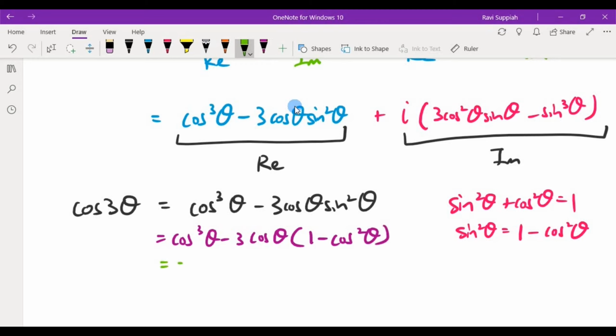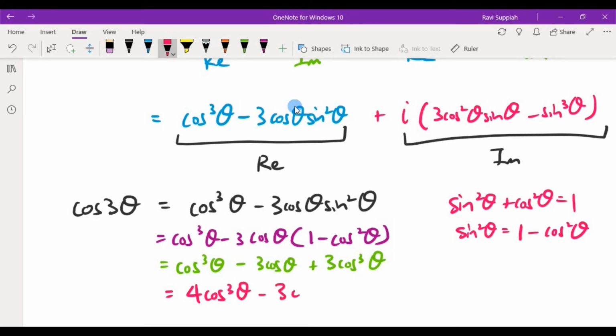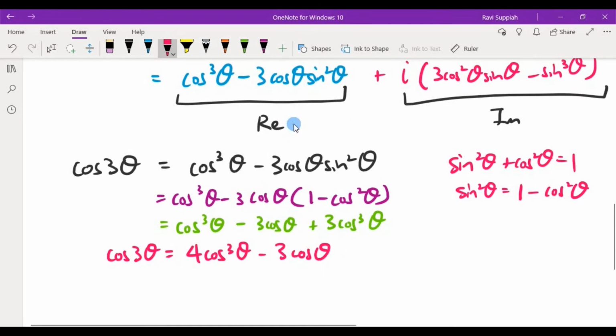Okay, and we can proceed with that expansion. So I get minus 3 cos theta plus 3 cos cube theta, and finally I have cos cube and 3 cos cube, so I get 4 cos cube theta minus 3 cos theta, and this is equal to cosine 3 theta. Okay, and that is basically the identity that we were asked to prove.